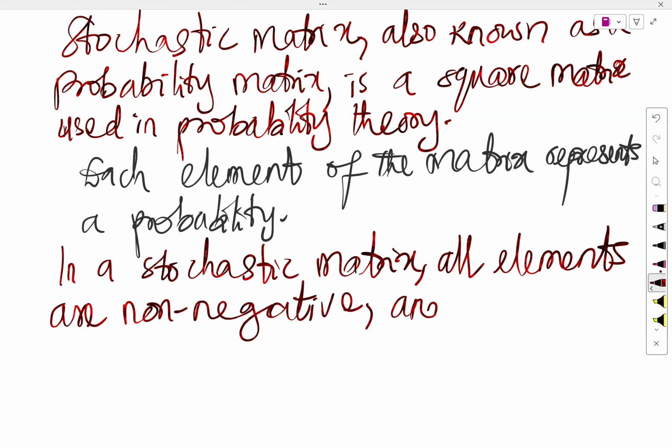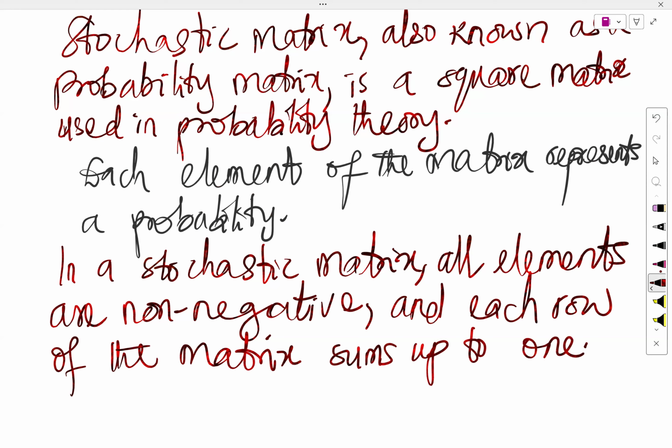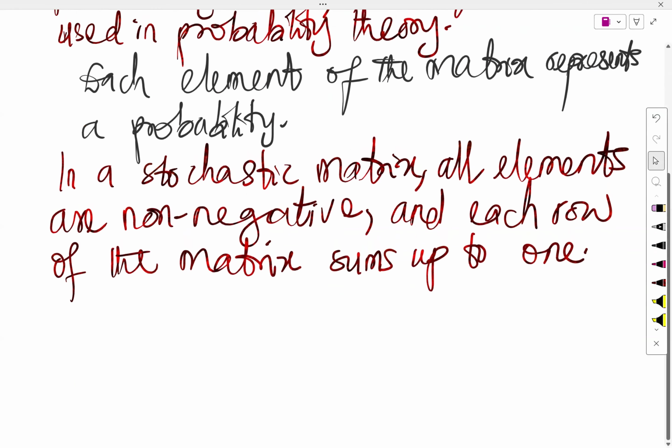And each row of the matrix sums up to 1. Each row sums up to 1.